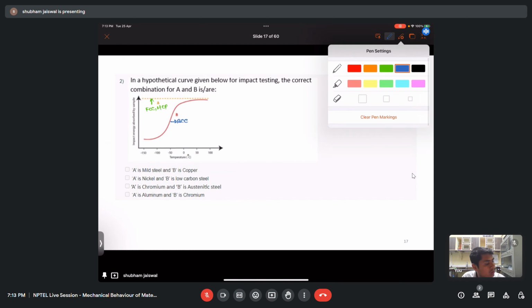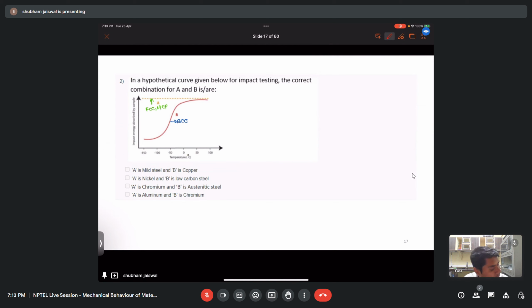Now from the given options, if we find the different metals, we have mild steel, then copper, then nickel, and low carbon steel, then chromium, and aluminium or austenitic steel.